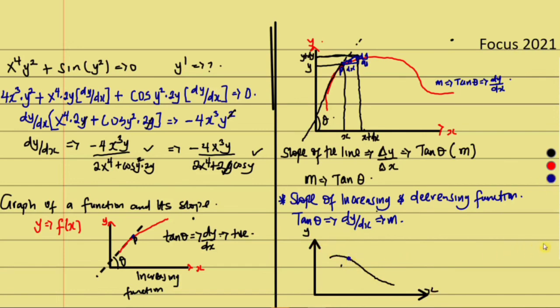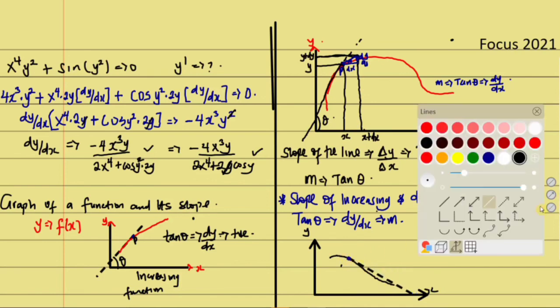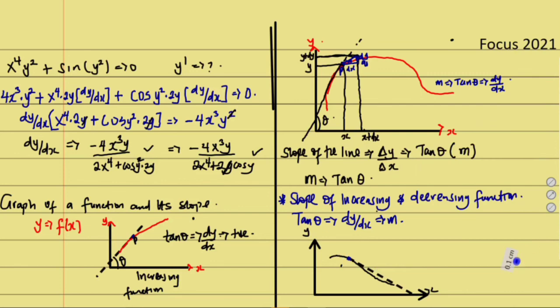Let's just take a point there. My dear students, I hope you are getting all this. It is a direct way, but for understanding's sake, that is why we are doing it. Now, when we draw the tangent line here, it's going to form something like an obtuse angle, and we can extend the tangent line upward like that.